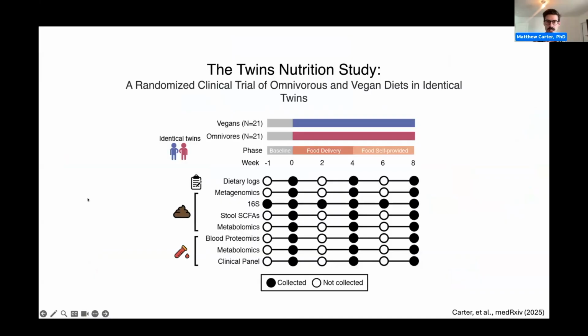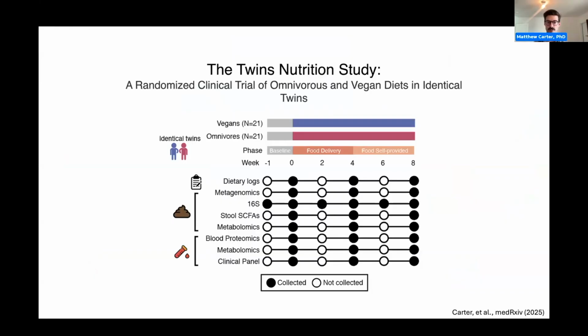The study that I'll be talking about today is called the Twins Nutrition Study. This was a randomized clinical trial involving 21 pairs of identical twins, where for each twin pair, one of them consumed a vegan diet for 8 weeks, and the other member of the pair consumed an omnivorous diet for 8 weeks.